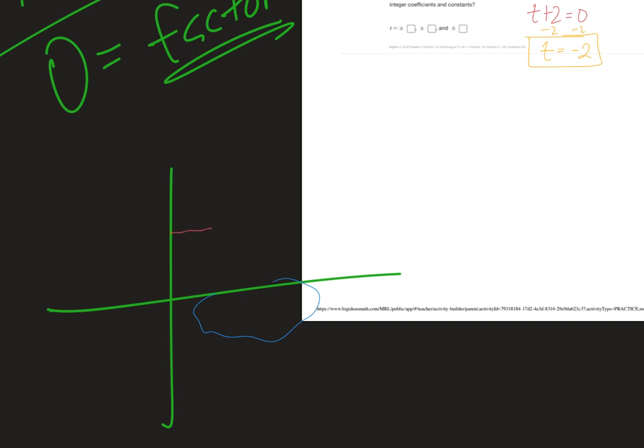Here's the cliff. And the idea is that maybe this is what the parabola looks like. Okay? And here is negative 2. So here is where that hits the 0, right? Here's where he's on the ground, right? But instead, we want to know when he's on the ground over here, okay?